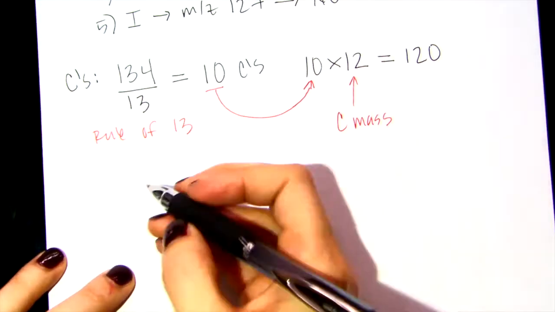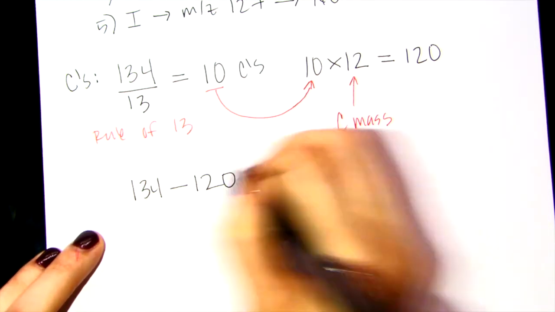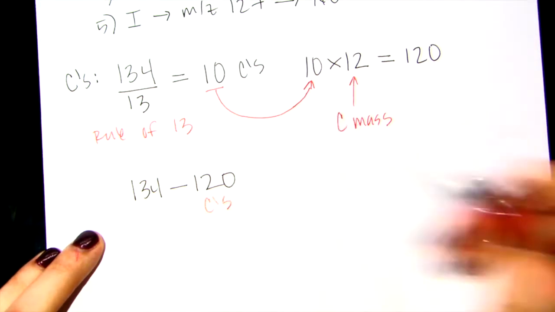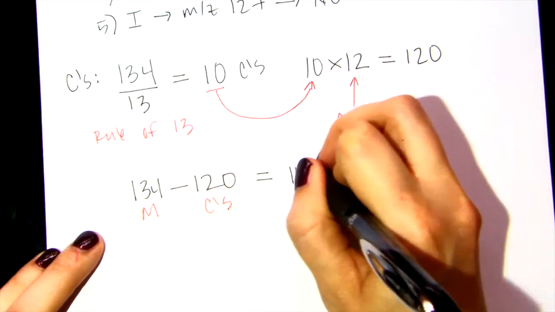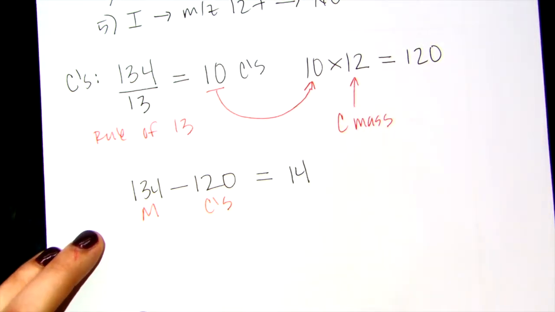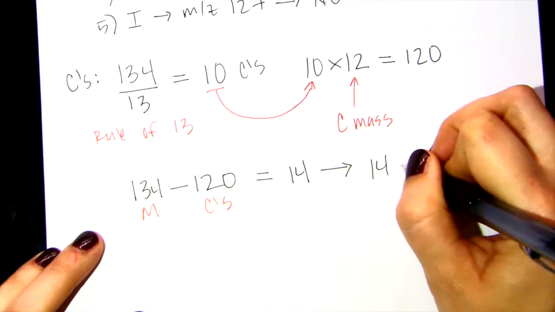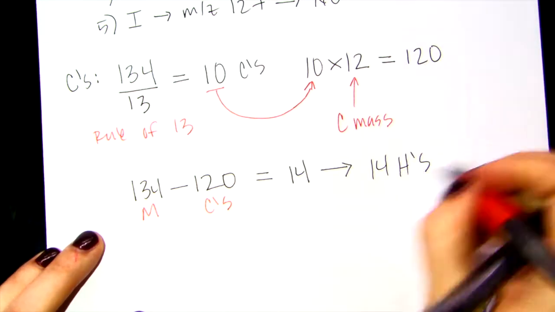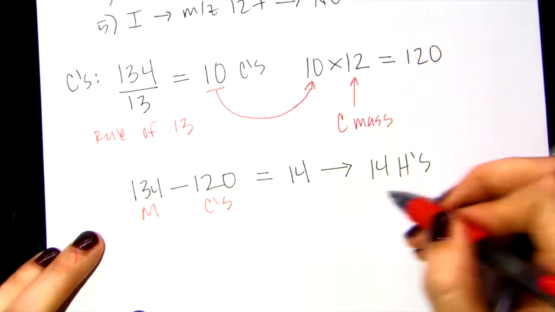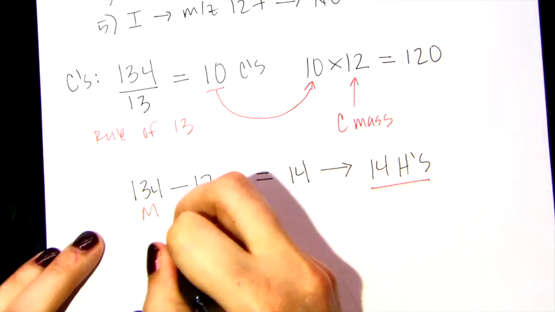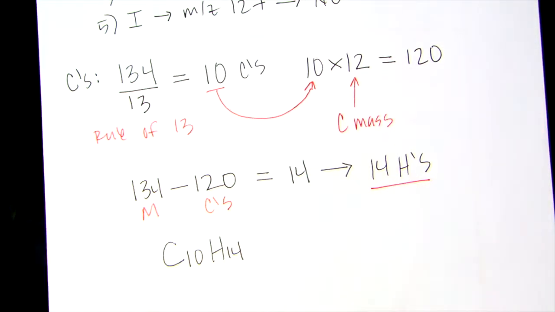If we subtract that from our mass peak, that gives us a leftover mass of 14. And that 14 could be our hydrogens. So if that's just hydrogens, that would mean we have 14 hydrogens. With just that information, that gives us a formula of 10 carbons and 14 hydrogens, which would be C10H14. And that doesn't look too bad.